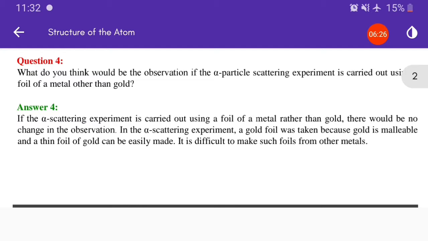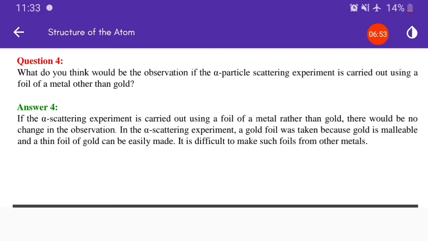Question number 4. What do you think would be the observation if the alpha particle scattering experiment is carried out using a foil of a metal other than gold? If the alpha particle scattering experiment is carried out using a foil of a metal other than gold, there would be no change in the observation.